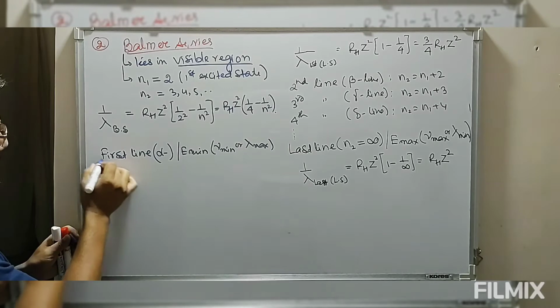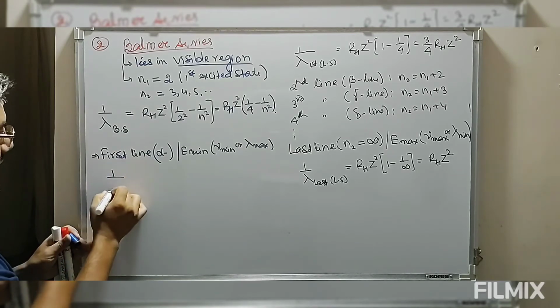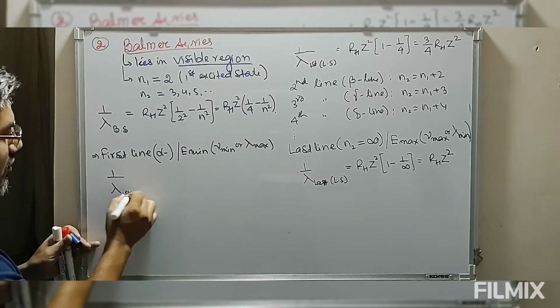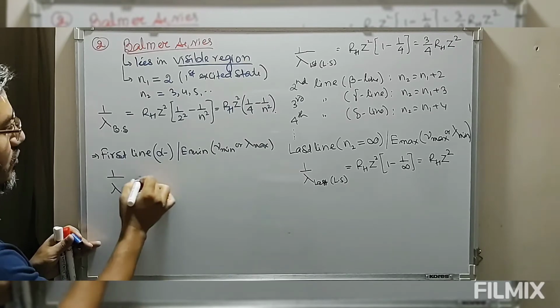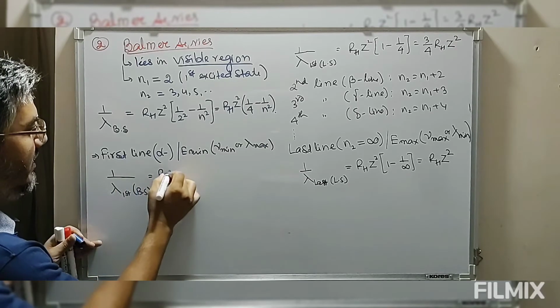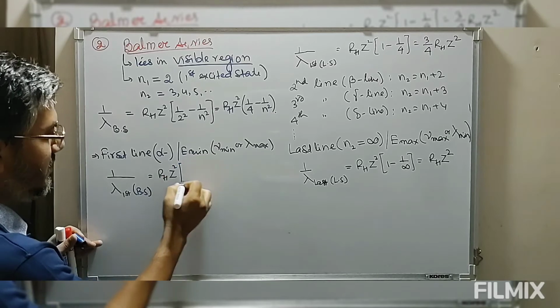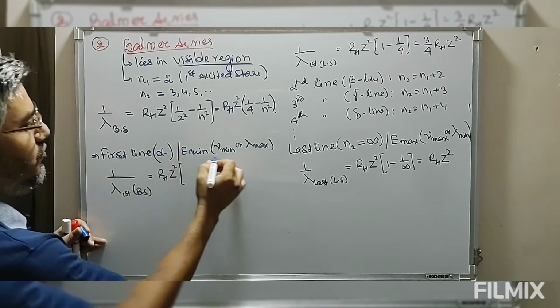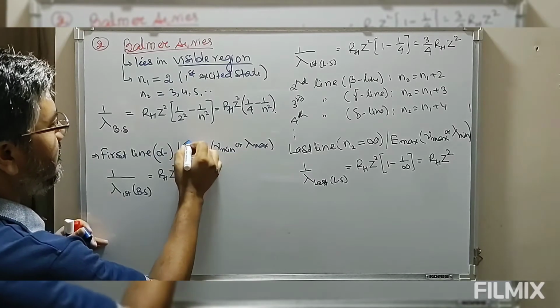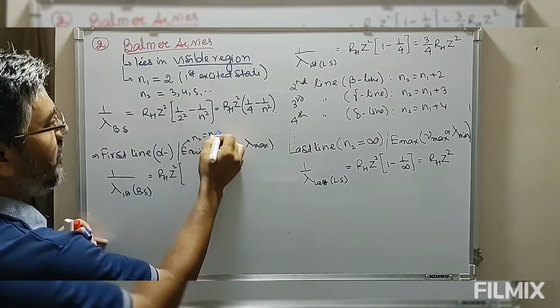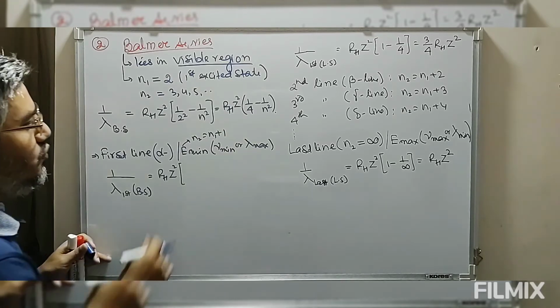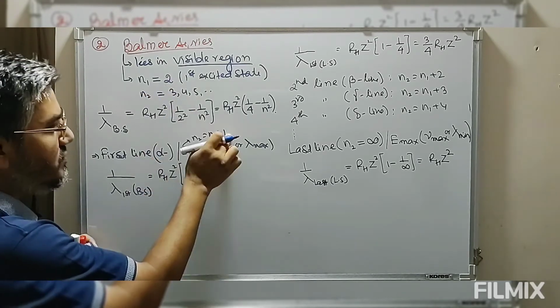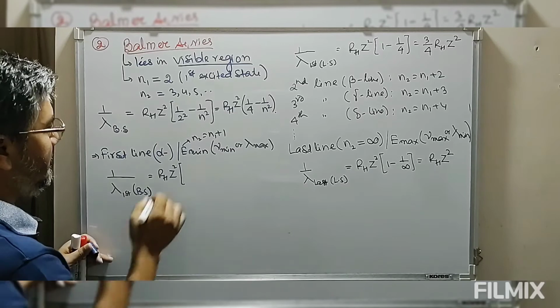So for this first line, 1 by lambda first of the Balmer series will be equal to this RH Z square. Now look at this. For this first line, as I told you, N2 is equal to N1 plus 1. So N1 is 2 here, so 2 plus 1 will be 3.